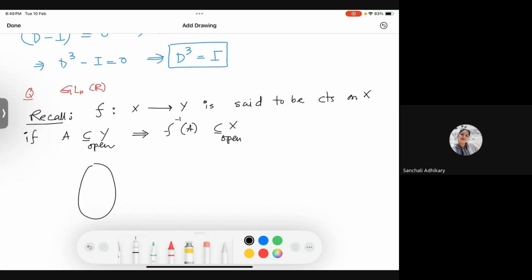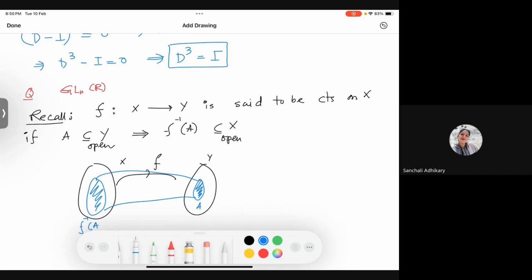So I have a function, this is my X set, this is my Y set. A function f is said to be continuous if for every open set A in Y, the preimage f inverse A is also open in X. Then the function f is said to be continuous on X, the whole domain. This is the fact.